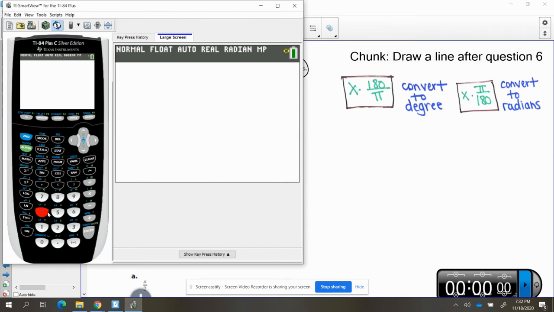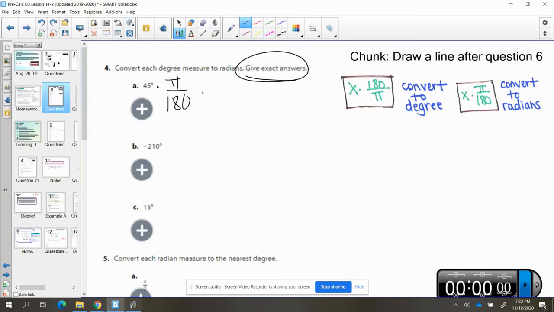Now when in doubt, if you need to simplify, on your graphing calculators you hit math and then frac, and it will do the simplification for you. So 1/4, aka just pi times 1/4, so pi over 4 would be our answer there.